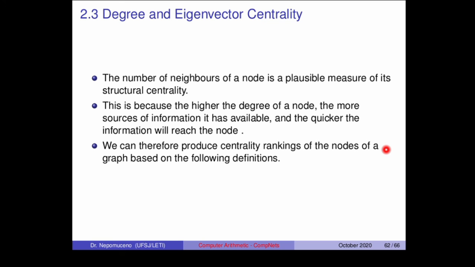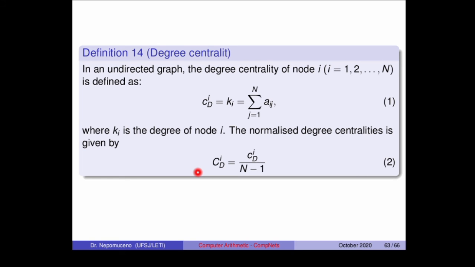Degree and eigenvector centrality. The number of neighbors of a node is a plausible measure of its structural centrality. This is because the higher the degree of a node, the more sources of information it has available and the quicker the information will reach the node. We can therefore produce centrality rankings of the nodes of a graph based on the following definitions.